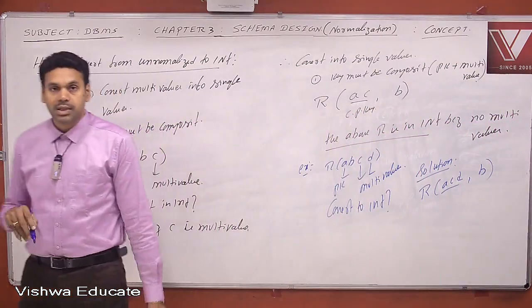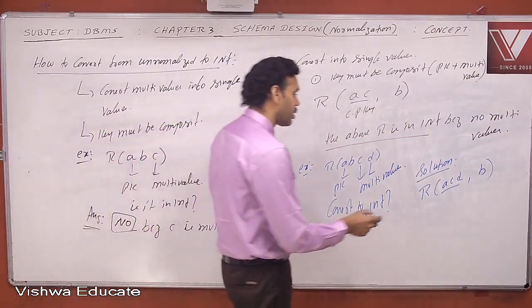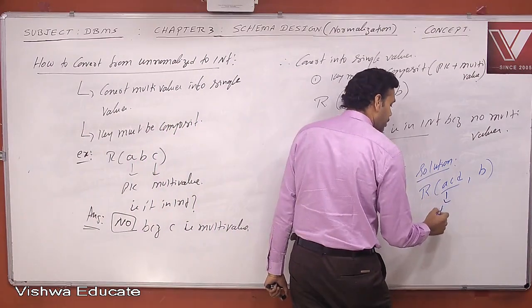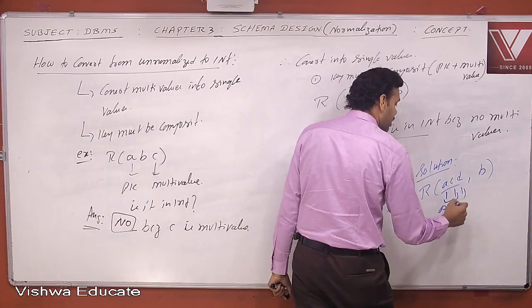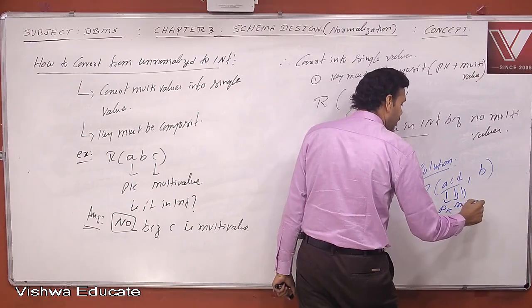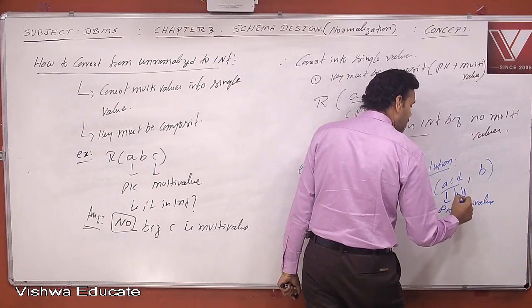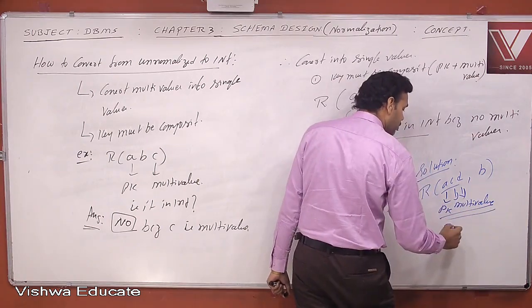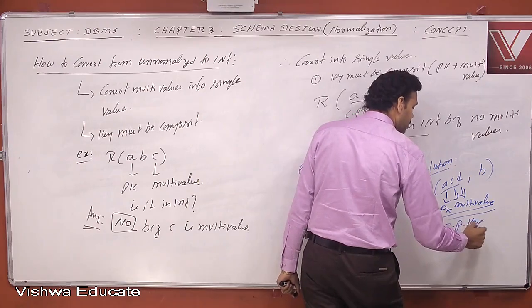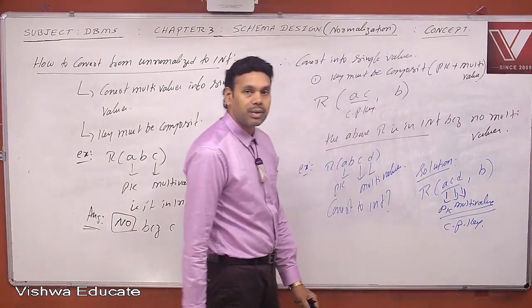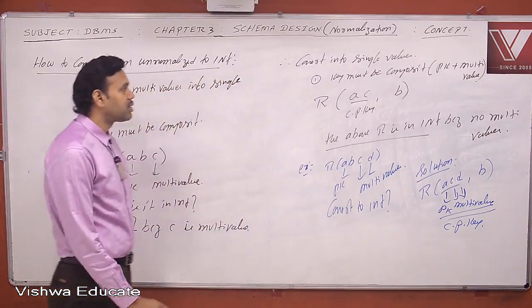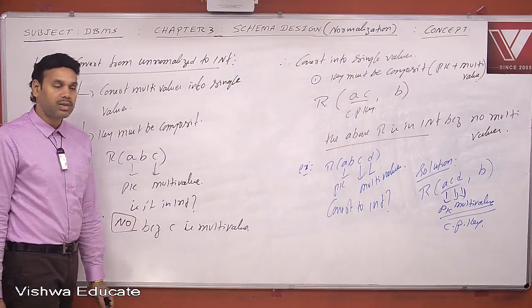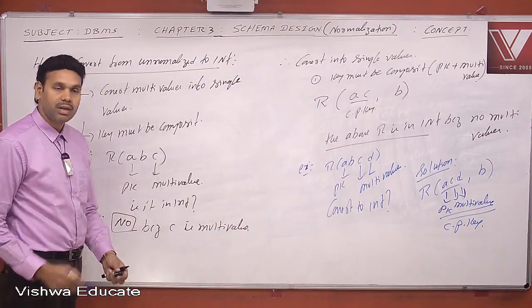Why R is ACD? Because A is your primary key and C and D are multi-values. So combine all of them together, it is a composite primary key. So this is how you can convert from unnormalized into 1NF.